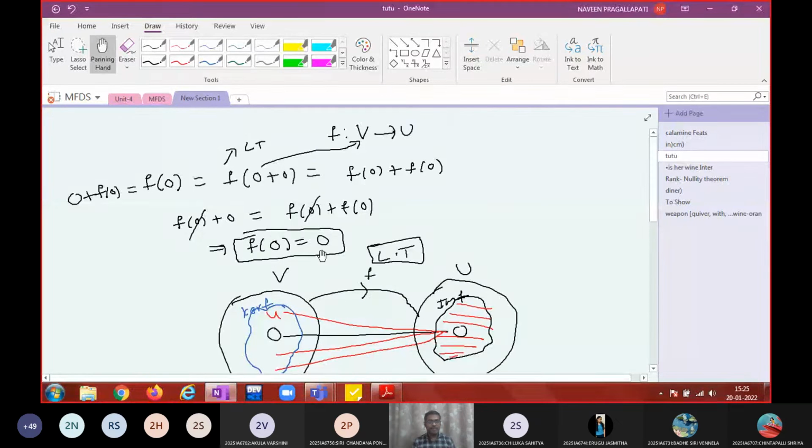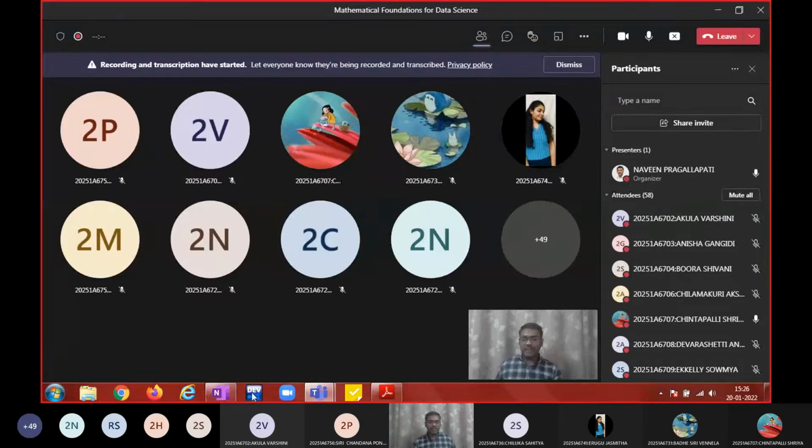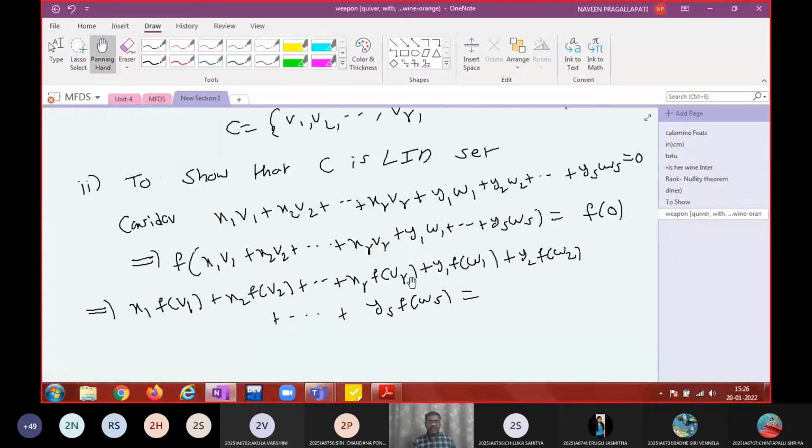What is f of 0? 0 is always mapped to 0, right? Are you seeing this or not? Please respond. Yes, sir. So now I can write f of 0 equal to 0.